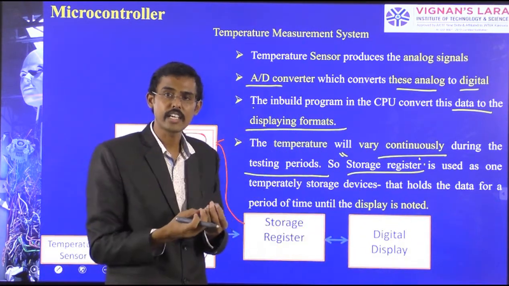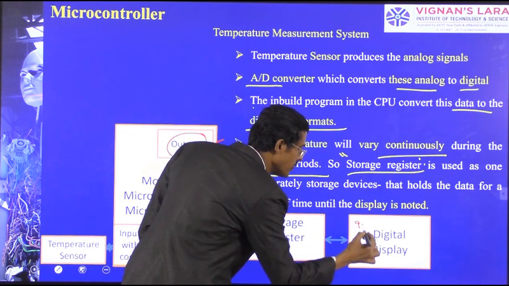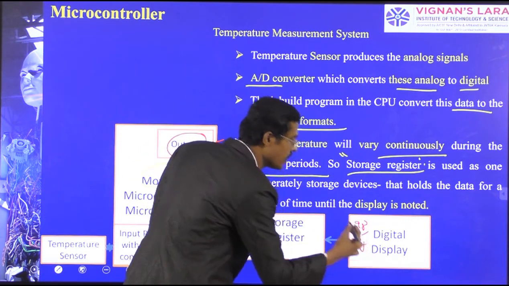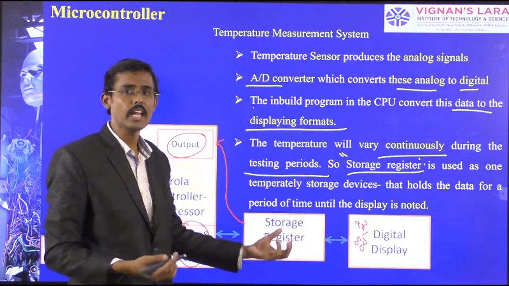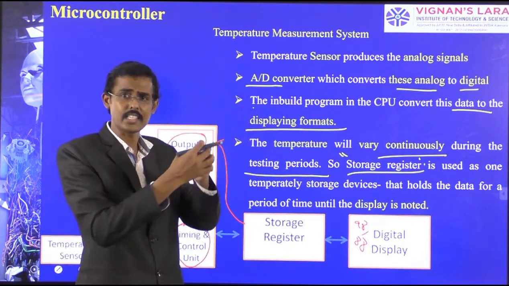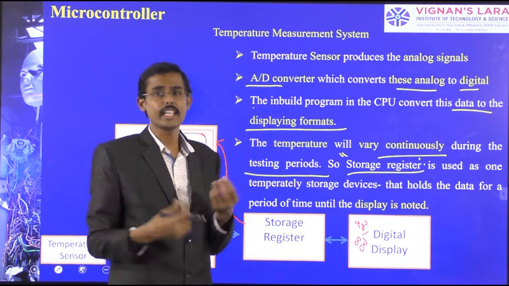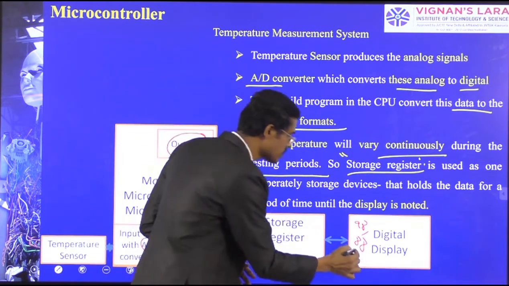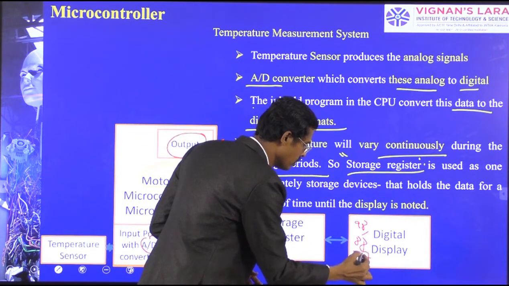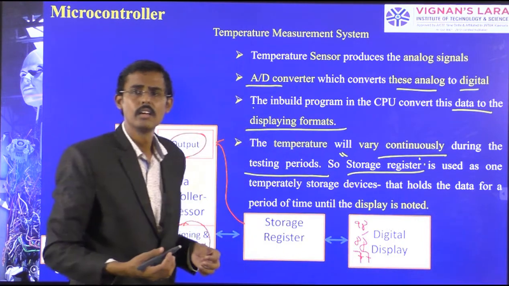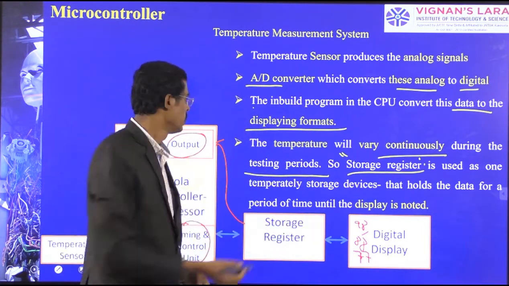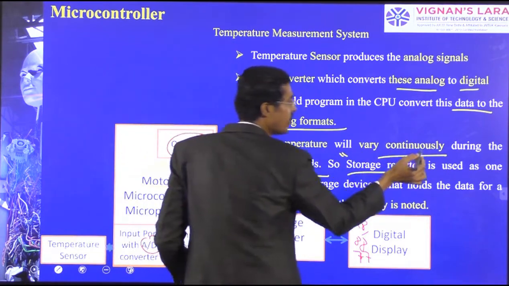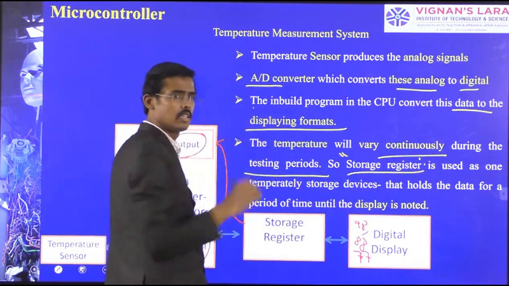Here for a second a temperature of 98, then a temperature of 88, it will display there. Then the storage register catches the second input: the next second's input as 88, the next second's input as 77. Likewise it will take and display. Therefore the temperature will vary continuously during the testing periods.